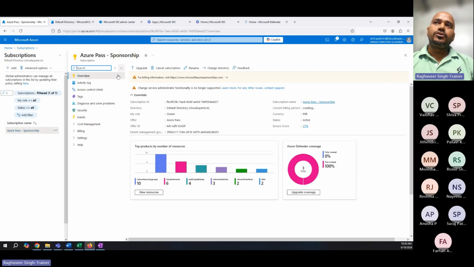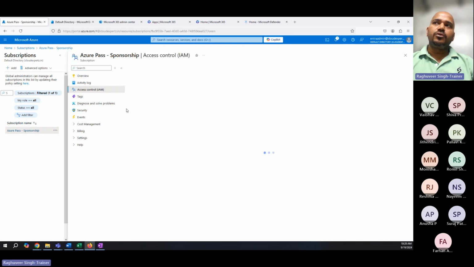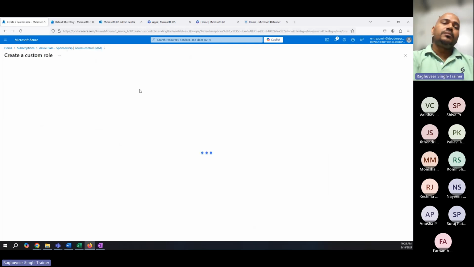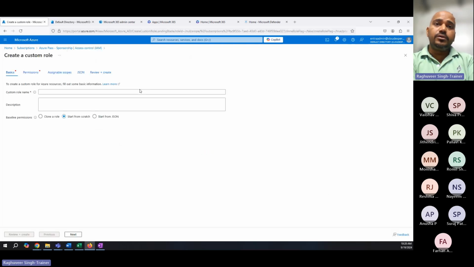You can navigate to Azure subscription, access control, and here you can also create a custom role. So there is an option, add custom role. Instead of giving somebody contributor, reader, owner access, or any specific service level access, I can create a custom role also.